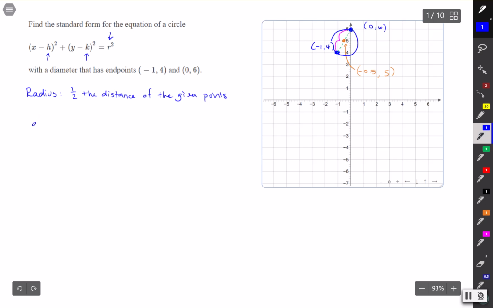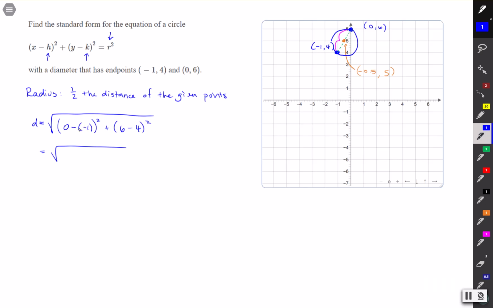All right, the distance formula is the square root of (x2 - x1)² + (y2 - y1)². So this would be 0 plus 1, so 1 squared is 1. 6 minus 4 is 2, and 2 squared is 4. So that distance is the square root of 5. And we did say that the radius was half of that distance, so it's going to be the square root of 5 divided by 2.